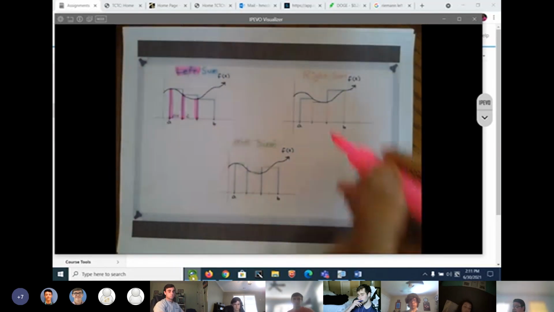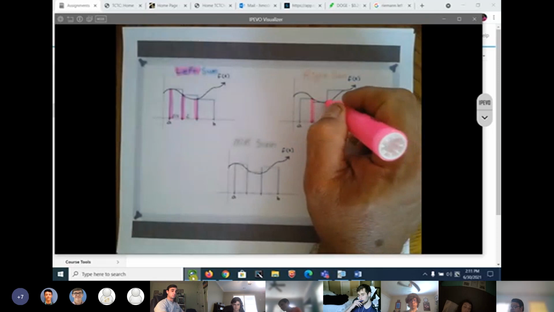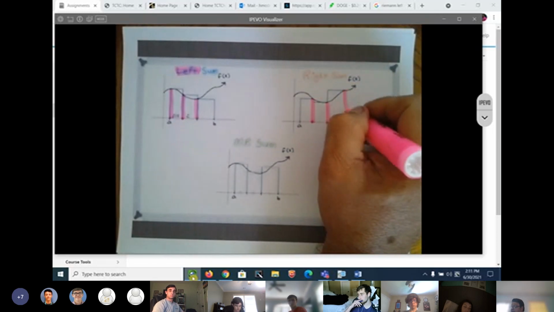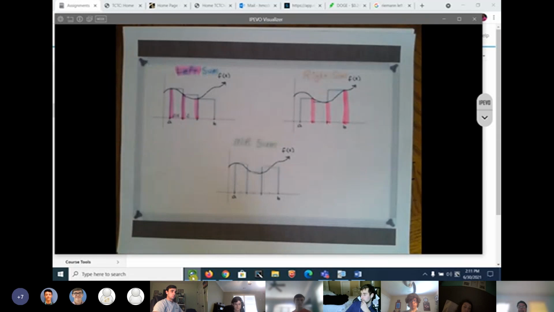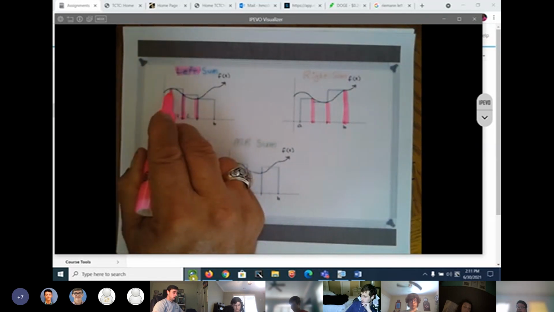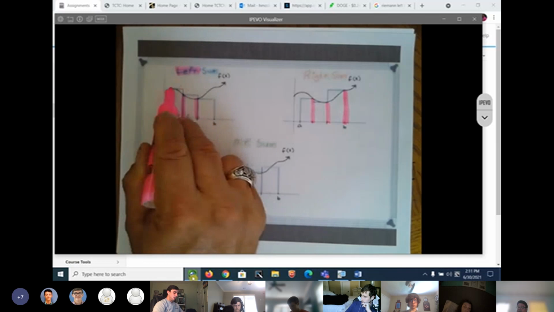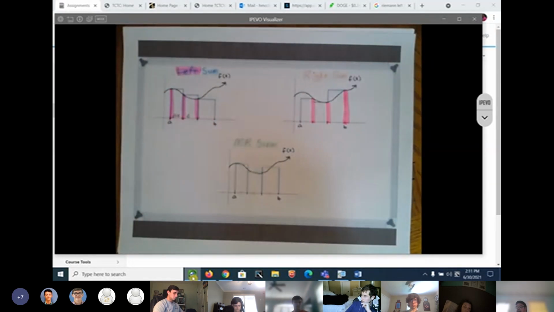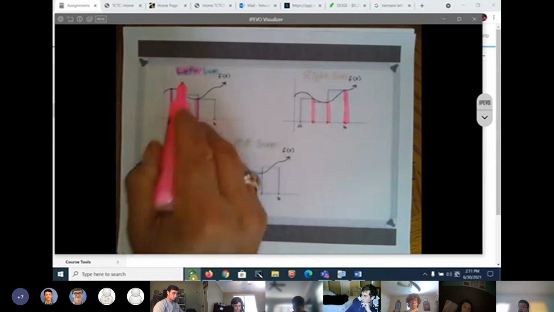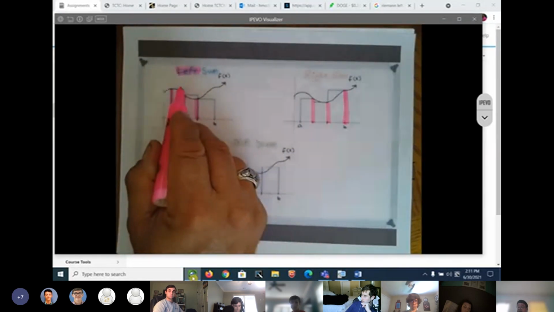The right means right-hand side of rectangles. So you could say the left-hand side, I don't know how you would say it because sometimes, depending on the curve, you might not have an excess on the right.